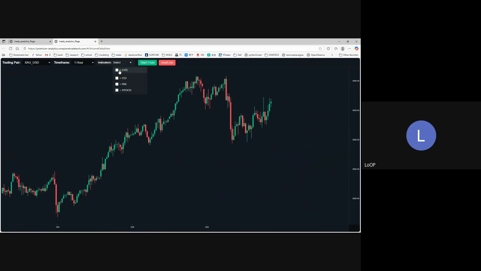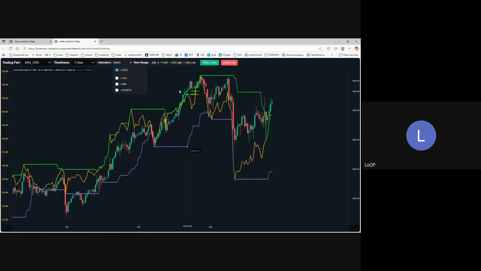The indicator we came up with, derived from the institutional order flow data, is very simple. The CVD is the main indicator. The yellow line is the information we extract from the order flow.